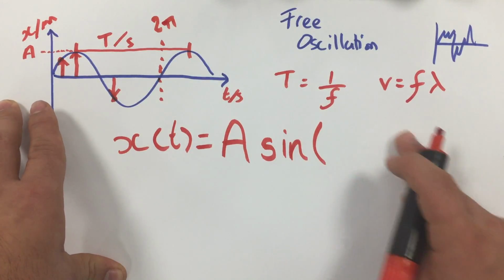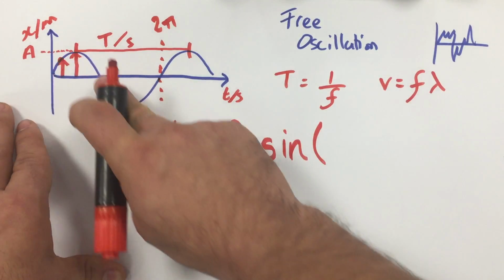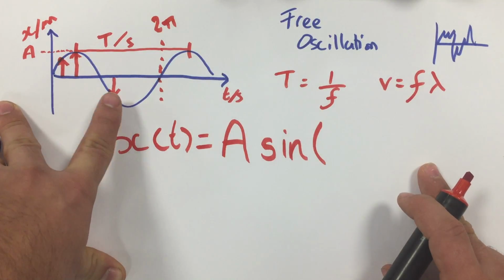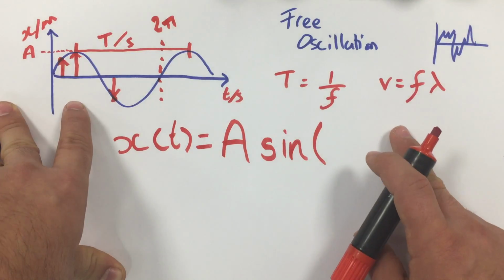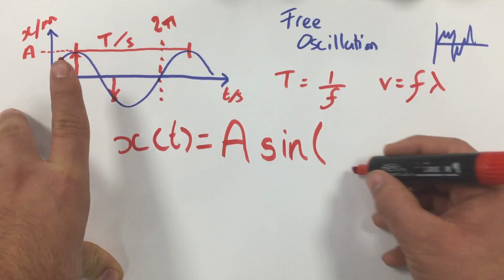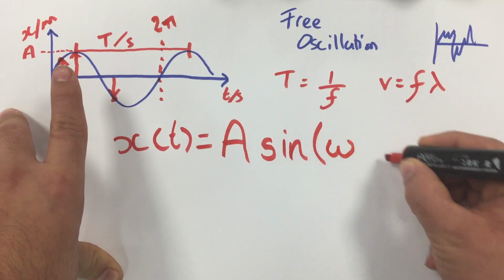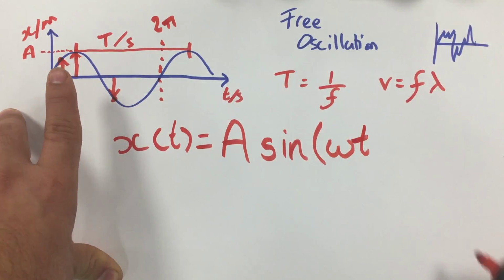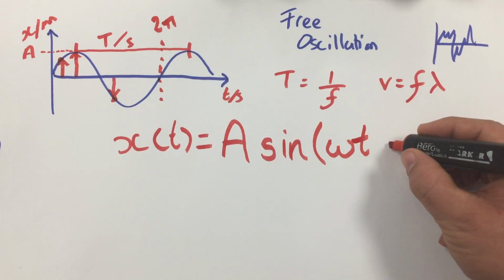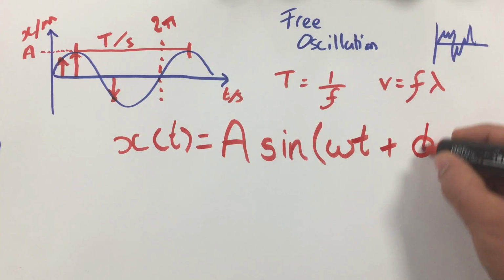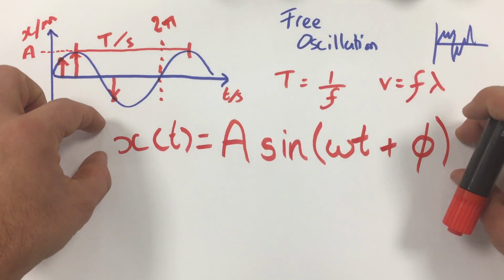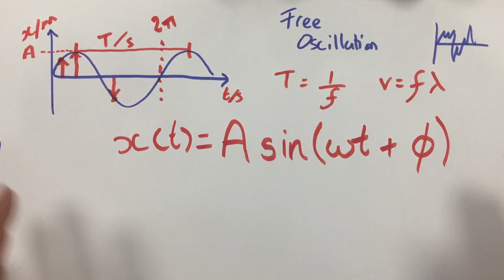So theta here, how far through the cycle in terms of radians, depends on the frequency of the wave and the time. But more specifically, because it needs to be in radians, it depends upon what we call the angular frequency and time. And I could also include a factor here, phi, which would be the phase difference. So this is our generic equation for a wave.